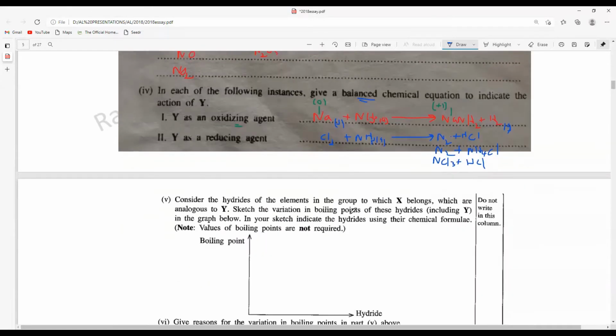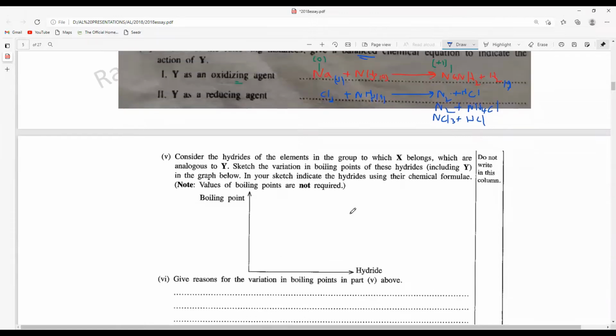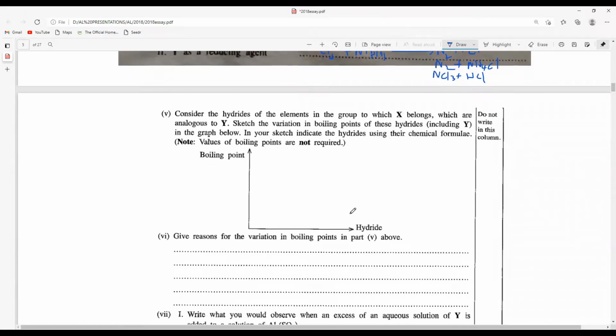So that's it. And a separate question now. Consider the hydrides of the elements in group 15 which are analogous to Y. So Y is NH3, ammonia.